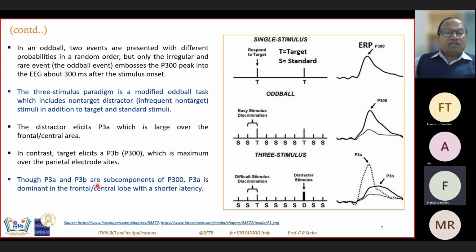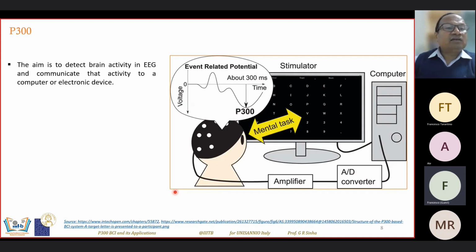Though P3A and P3B are subcomponents, I'm not saying they are not part of P300. They are actually around P300. Look at there. P3A is dominant in the frontal and central lobe with a small duration. The duration is very less, because we also want the latency, the time gap, to be longer. So its sustenance is longer. So P3A is of a small duration, latency is small, and P3B is a little longer.